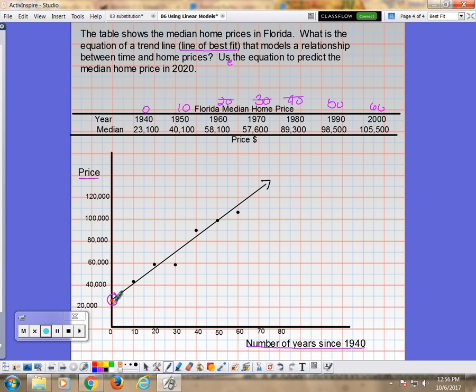If you notice, I'm going to use this as one of my points. So this is 0, 23,100. And then I need to find another point. Well, I didn't go through this one, so I can't use it. I go along my line. I could use this point right here, which would be 30, and it would be 70,000.